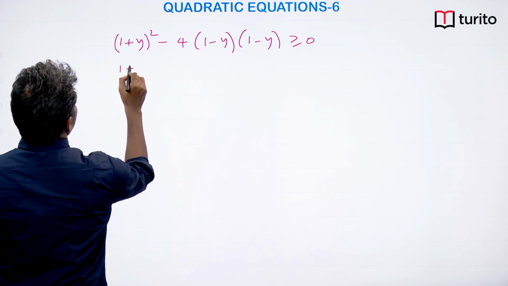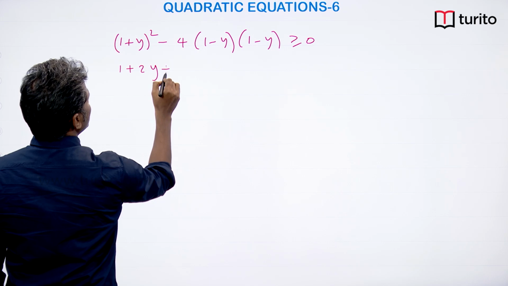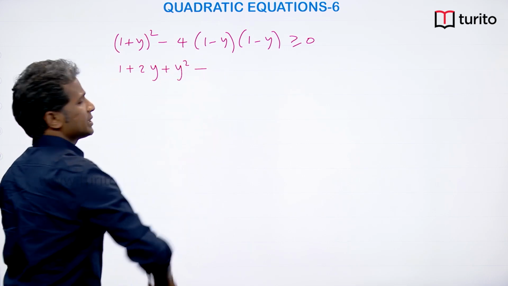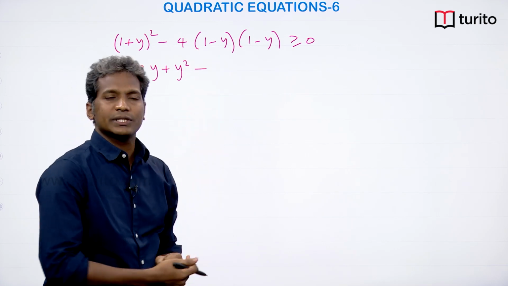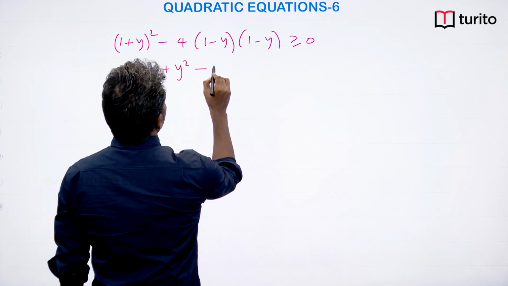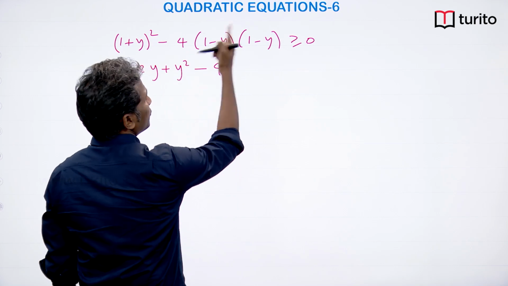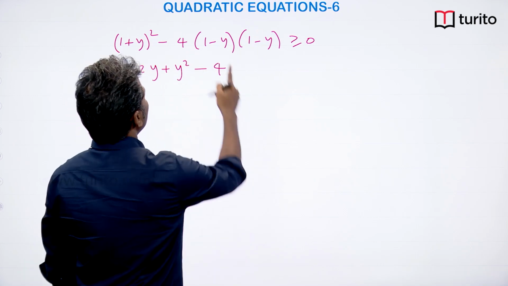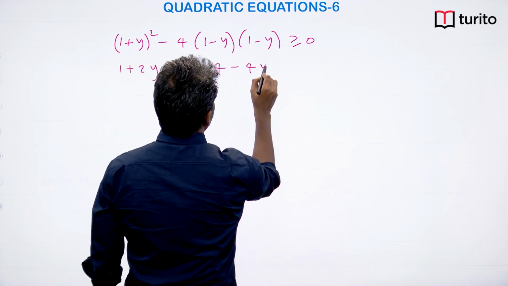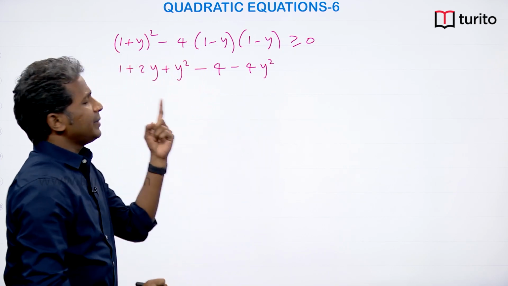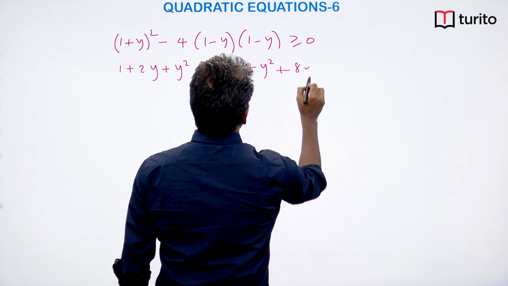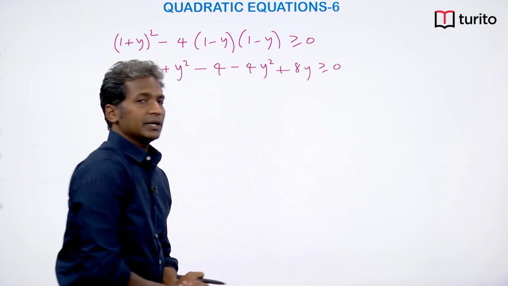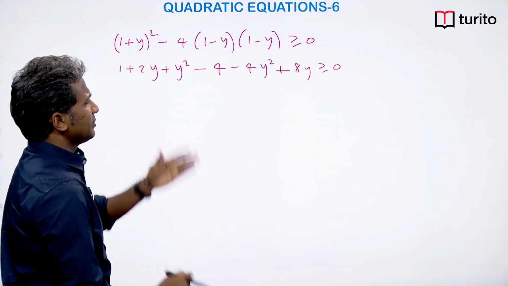Now if I simplify this, I will get 1 plus 2y plus y square minus 1 minus y whole square only. So that will be like 4 into 1, that will be minus 4, 4 into y square, minus 4y square, and the 2ab term which is minus 2y into 4, that becomes 8y. So this must be greater than equal to 0. Now let us simplify this.